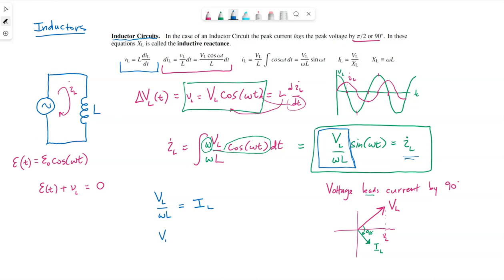If I bring the omega L portion over and recall that volts is equal to amps times ohms, this quantity, omega L, must have units of ohms. We call this the inductive reactance.